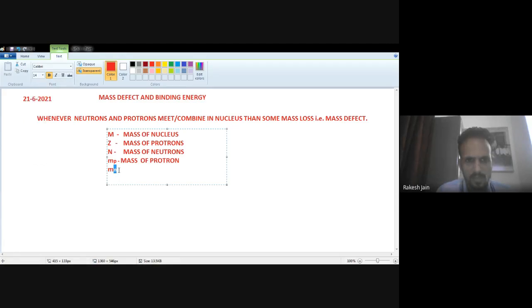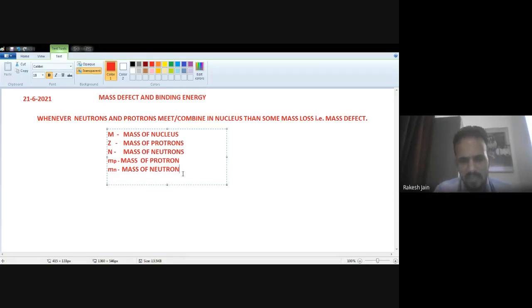The subscript is there so that it is related with neutrons. This Mn is the mass of neutron.